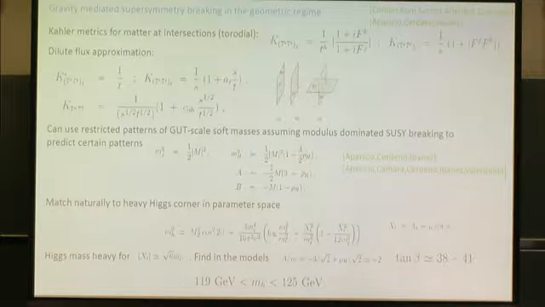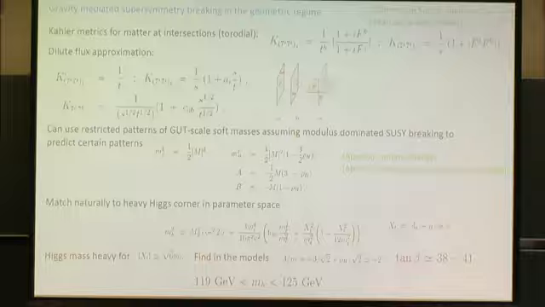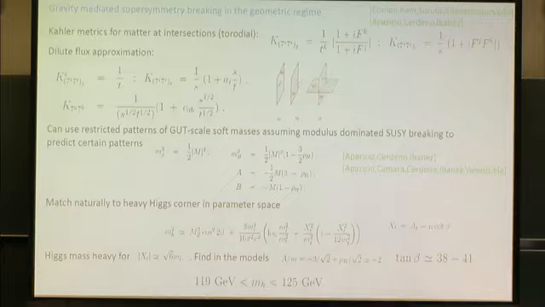Some brief remarks on some other work that's been done. I put this in the local picture, in the sense that I think it's a kind of local approach to gravity-mediated supersymmetry breaking, in that one essentially guesses the metrics for the fields in the model, and then specifies.